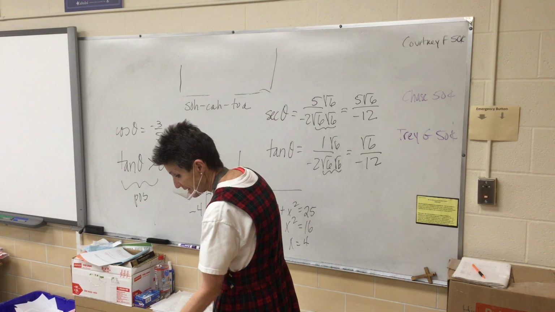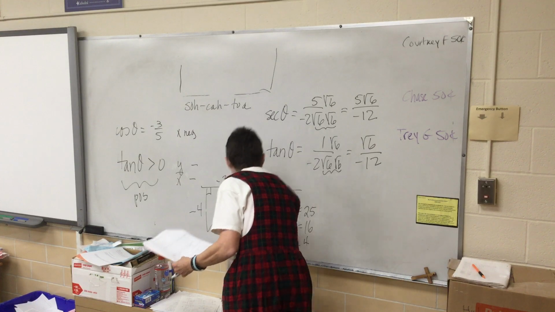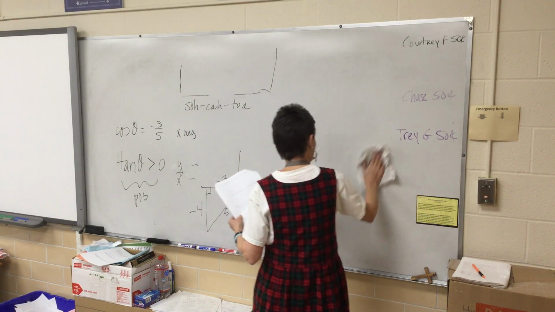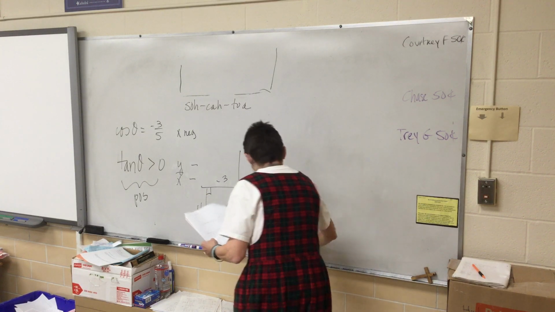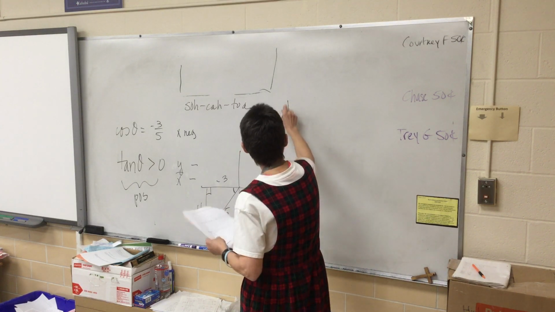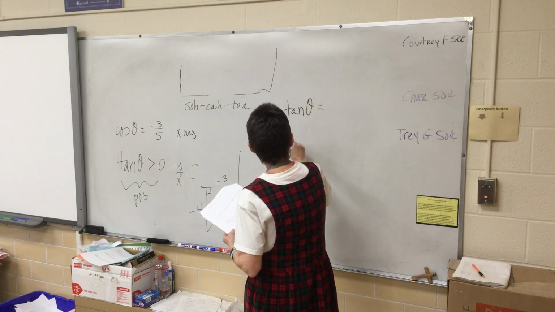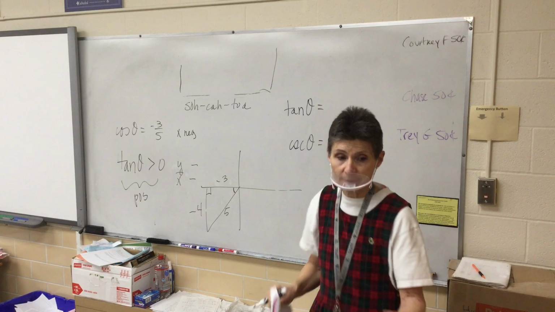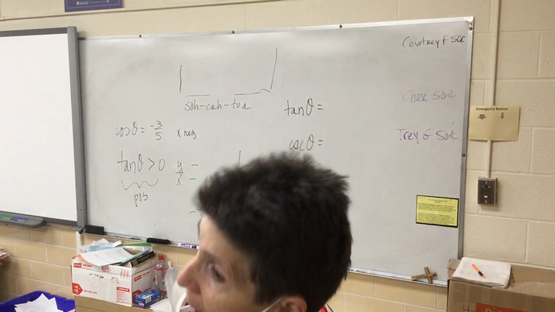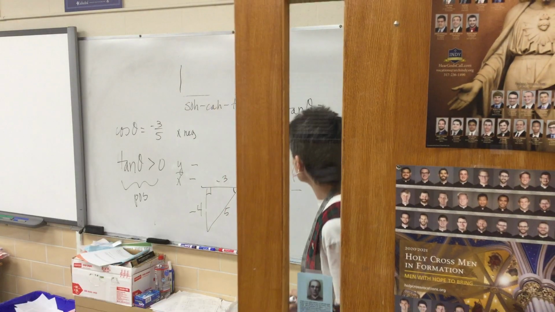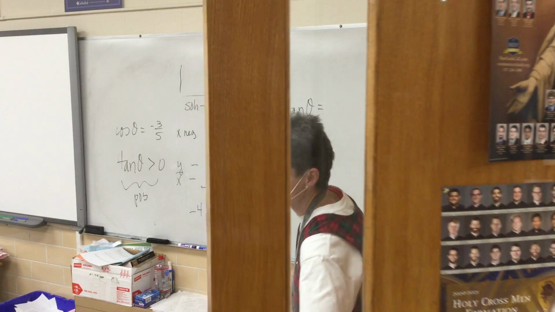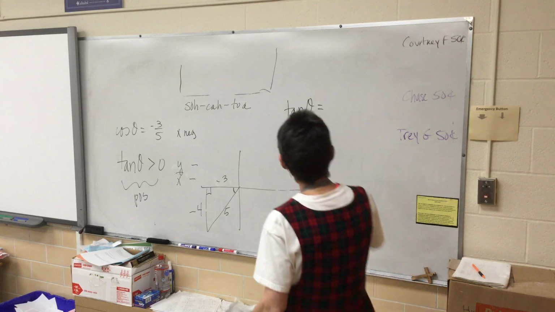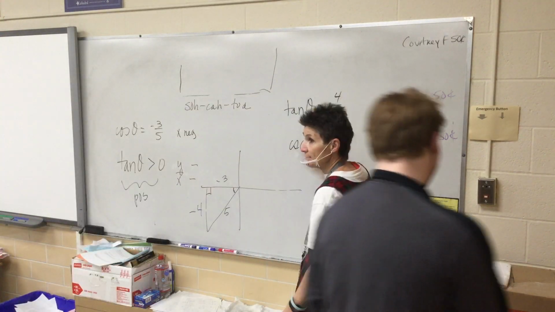Now we want the tangent and the cosecant. All right, what's tangent? Opposite over adjacent, so it'll be negative 4 over negative, sign back in please. Negative 4 over negative 3, which is going to end up being positive 4/3.